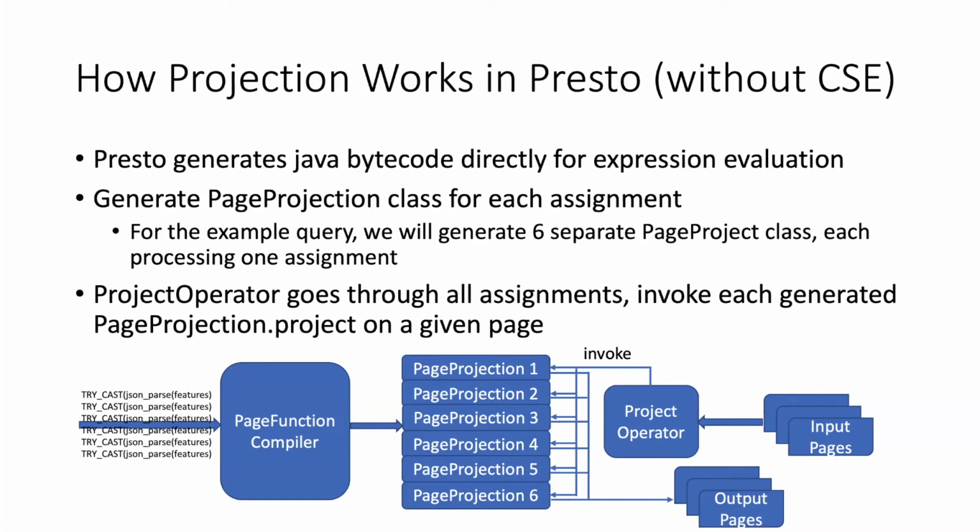Once these are all compiled and generated, at runtime the project operator takes a page and invokes these functions on the given page, and then writes the output to the output page. It sees the first projection taking these inputs and writing to the first column of the output, then the second is processed and written to the second column, and so on until the 6th one in this example.